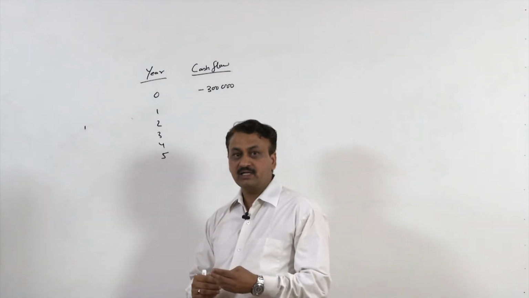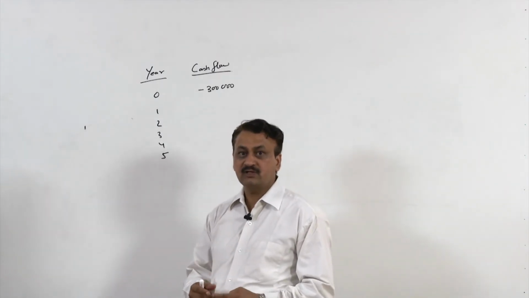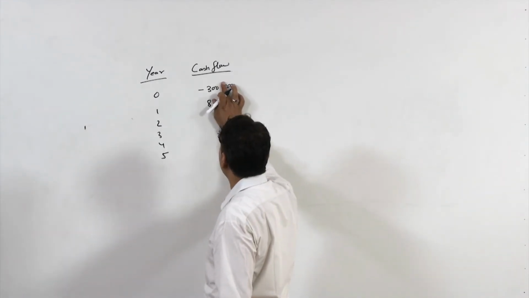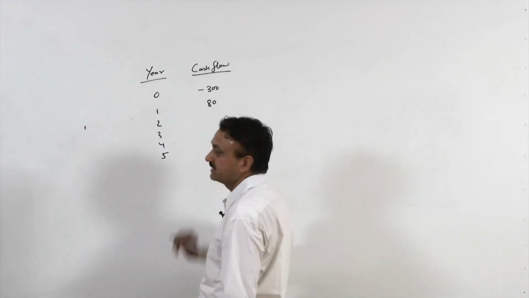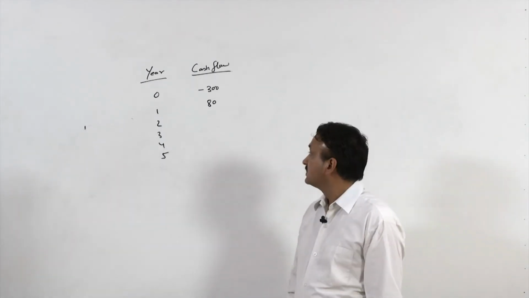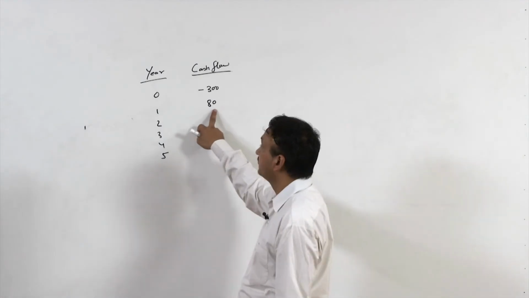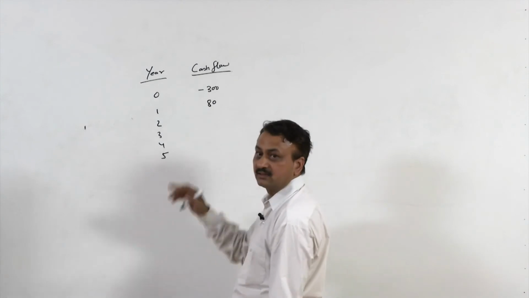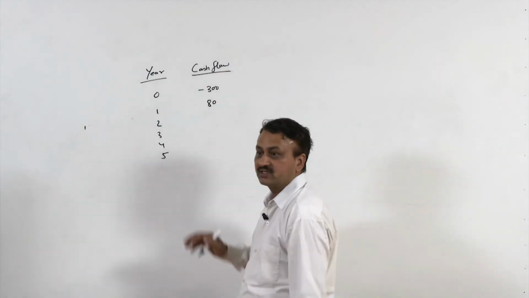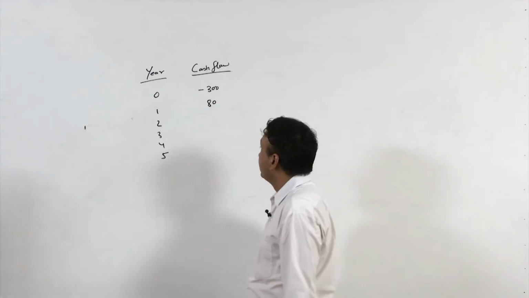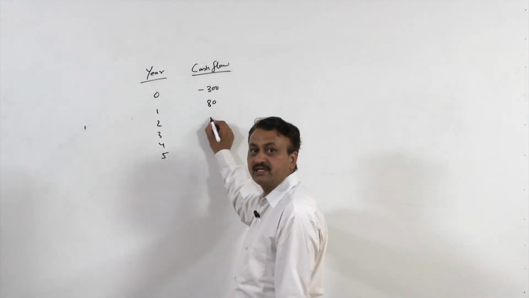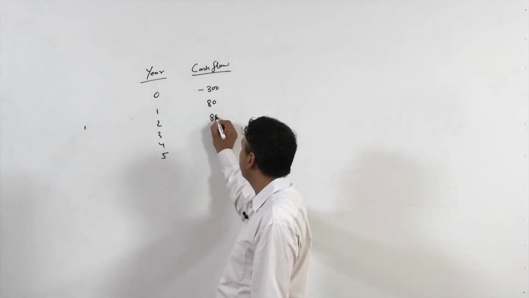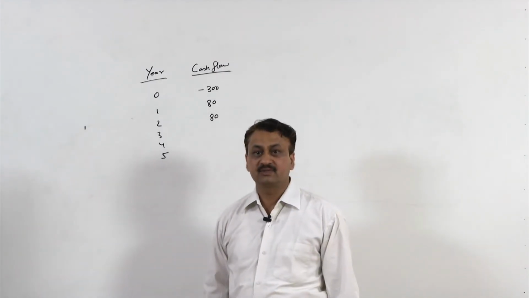So your revenue is 100,000, the cost of operation is 20,000, so the remaining is 80,000. Let me delete the thousands from the calculation. So the revenue in the first year is 80. Next year again the revenue is 100,000 and the cost of operation is 20,000, so I am just taking it as 80.